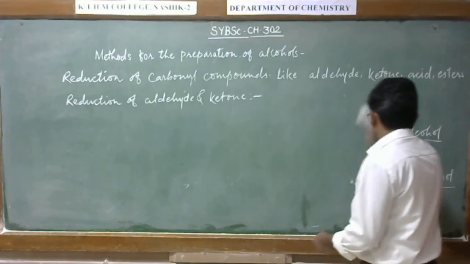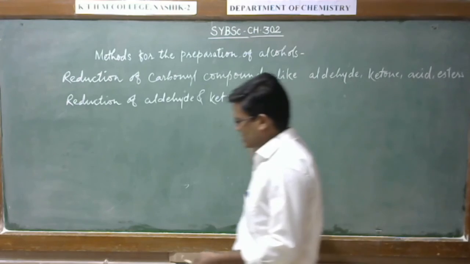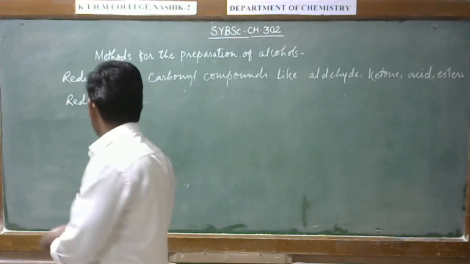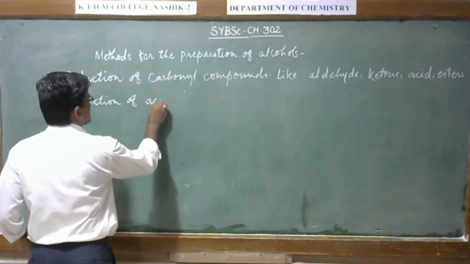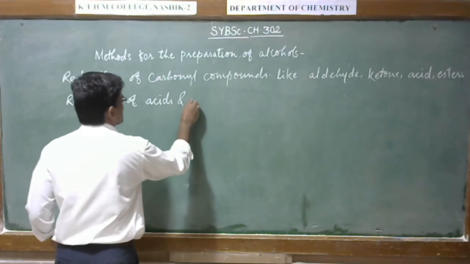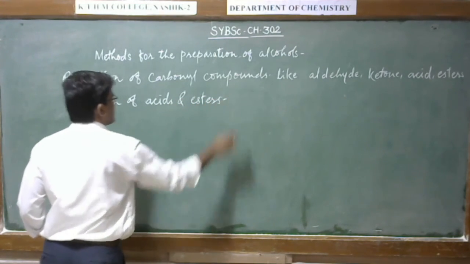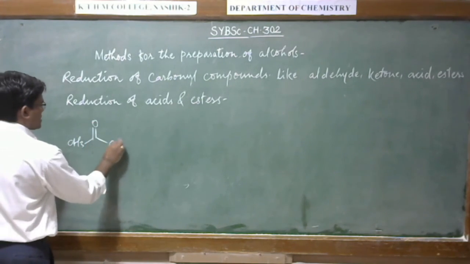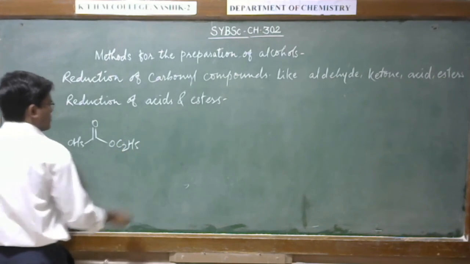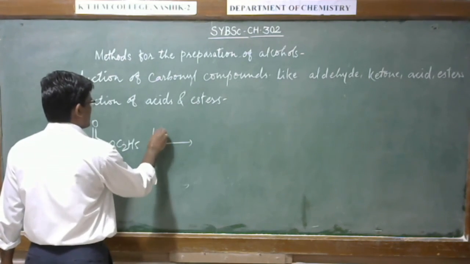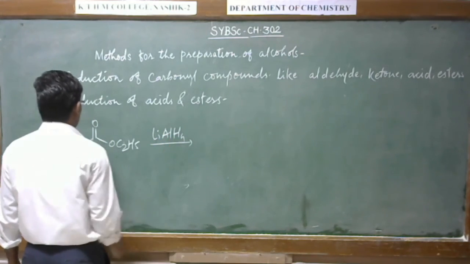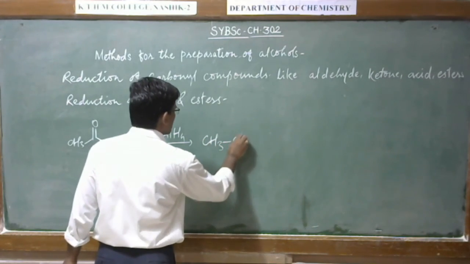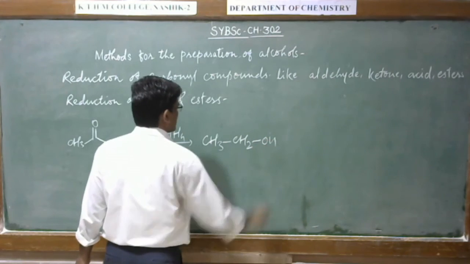So when we have this acid and ester, when you react with lithium aluminum hydride, it will generate the primary alcohol, reduction of acids and esters. Suppose we have this ethyl acetate, when you react with lithium aluminum hydride, it will generate the ethanol. Okay, this is the primary alcohol.